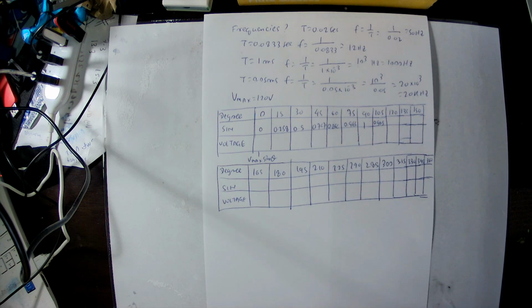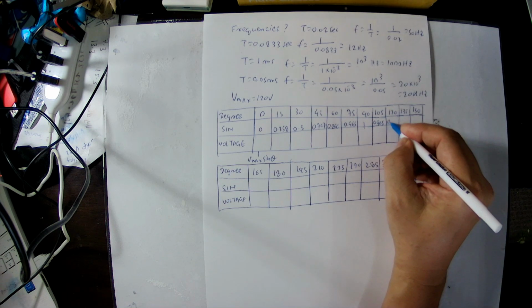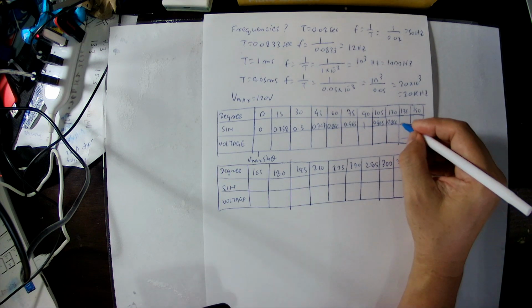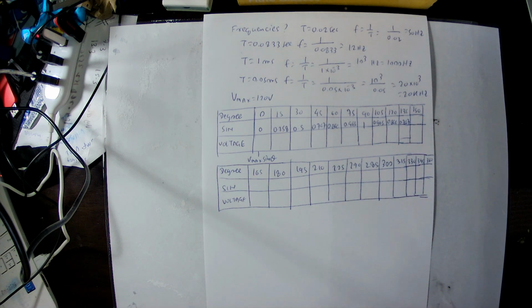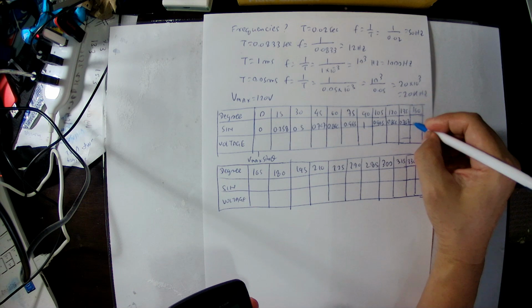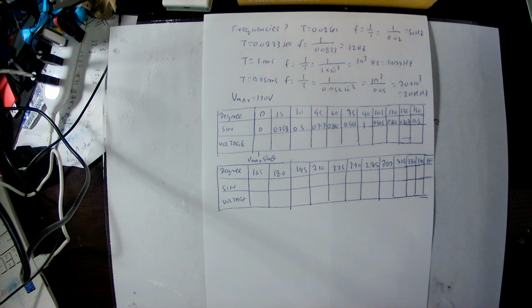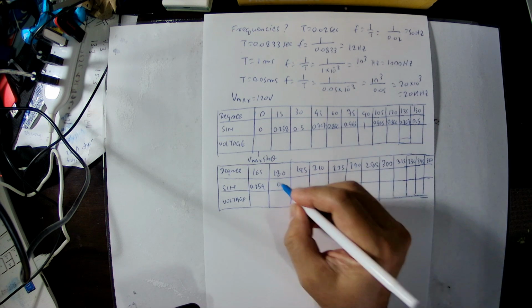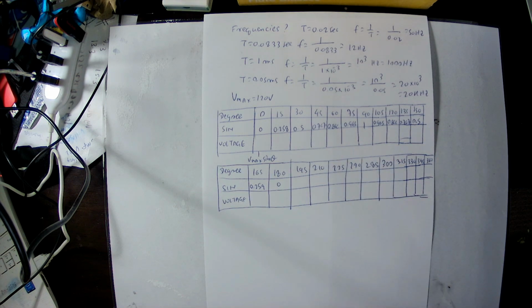Sine 120 is 0.866. Sine 135 is 0.707. Sine 150 is 0.5. Sine 165 is 0.259. Sine 180 is 0. Sine 195 is minus 0.258.